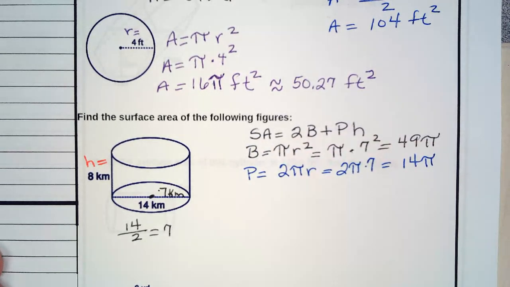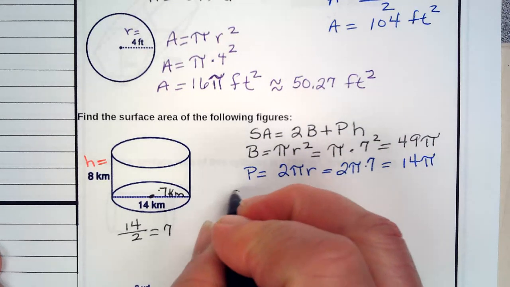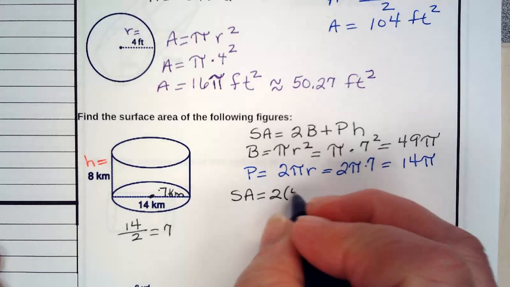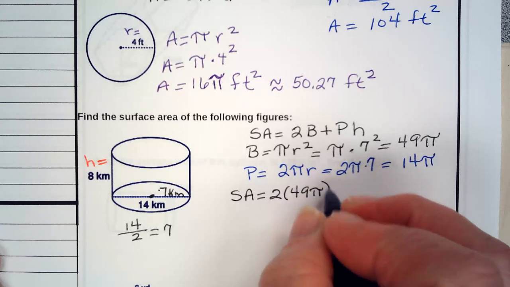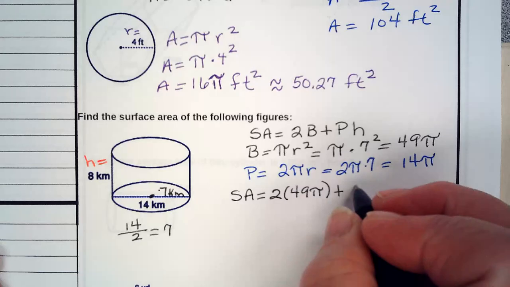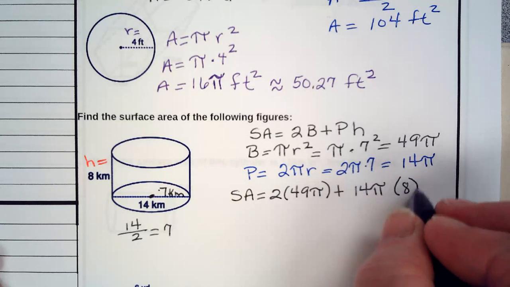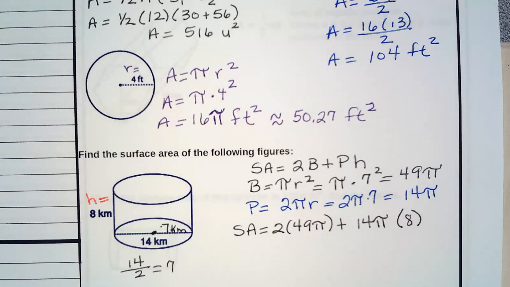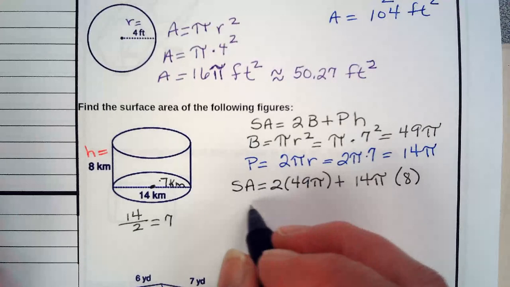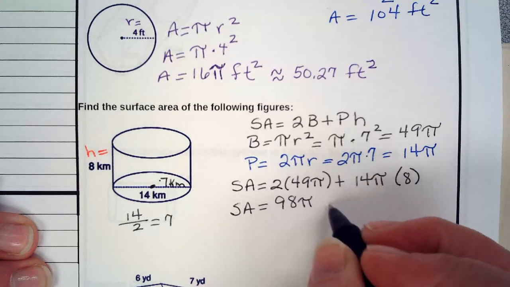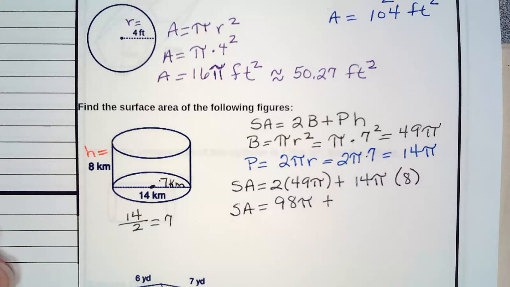Let's put it all together. My surface area is 2 times my base area, 49 pi, plus my perimeter, which is 14 pi, times my height, which is 8. Okay, 2 times 49 is 98, followed by your pi, plus 14 times 8 is 112.